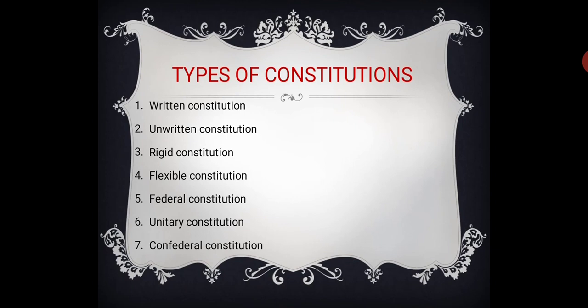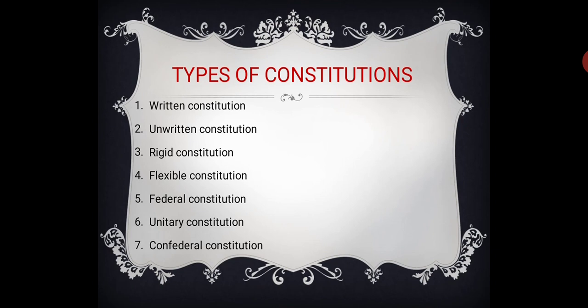Number 2, unwritten constitution. 3, rigid constitution. 4, flexible constitution. 5, federal constitution. 6, unitary constitution. And 7, confederal constitution. But today we are going to discuss 2 types of constitution: written and unwritten constitution.